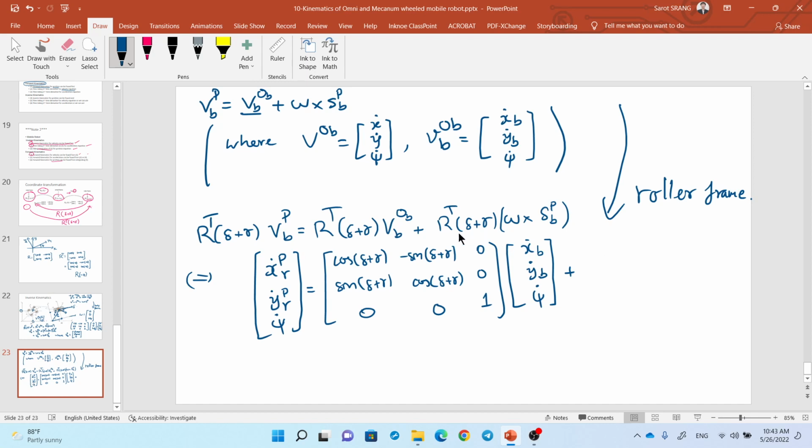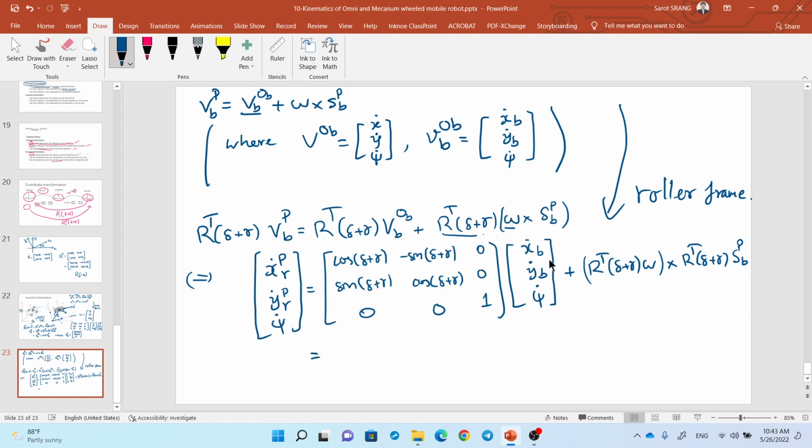And then this one times this, because this rotation matrix applies to this omega. I think I should write like this first, and then cross, like this.